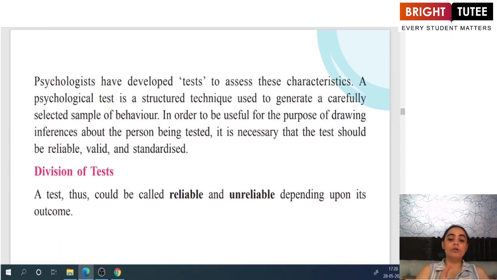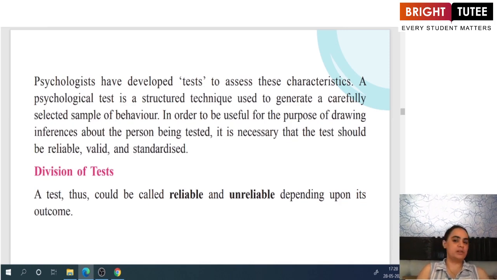In order for this test to be useful, you have to first decide the purpose why you want to get the test done. What is the reason for which you want to know about that person? Only then can you decide whether the test is reliable or not.